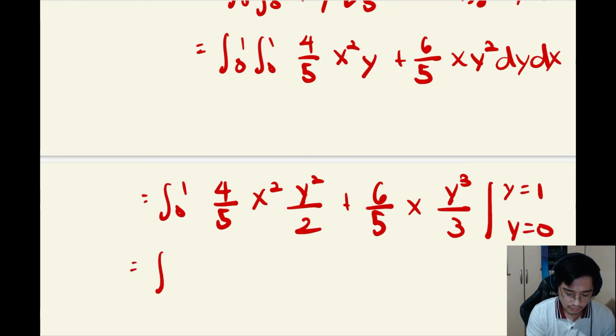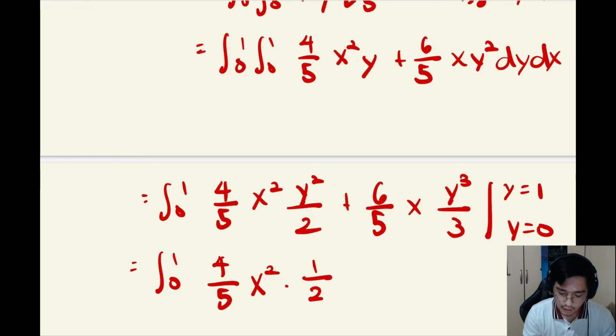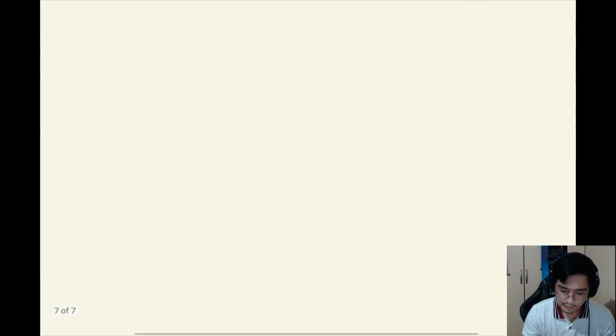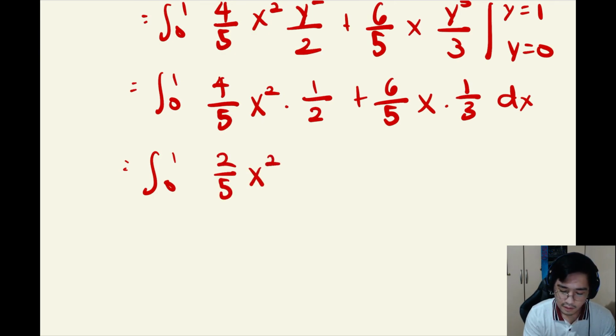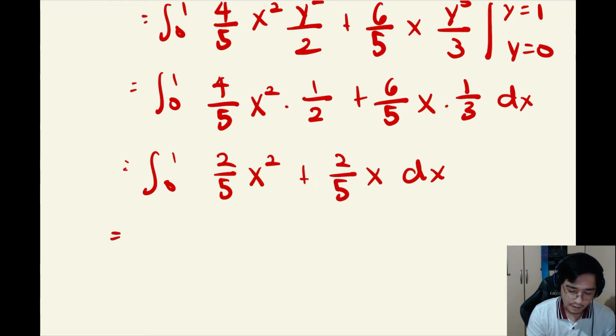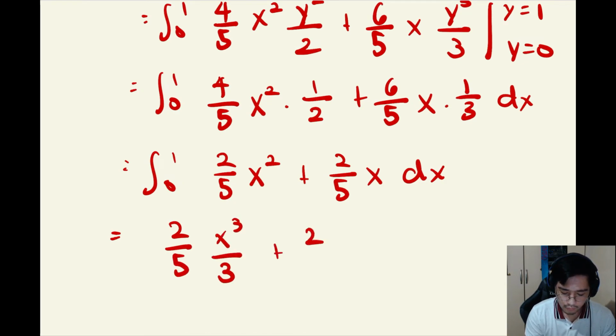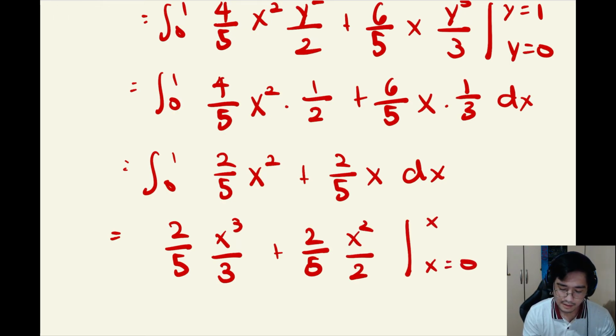This is the integral from 0 to 1 of 4/5 x squared times 1/2 plus 6/5 x times 1/3, integrated over x. Simplifying once again, this is 2/5 x squared plus 2/5 x, and integrated over x this is 2/5 x cubed over 3 plus 2/5 x squared over 2, evaluated from x = 0 to x = 1.